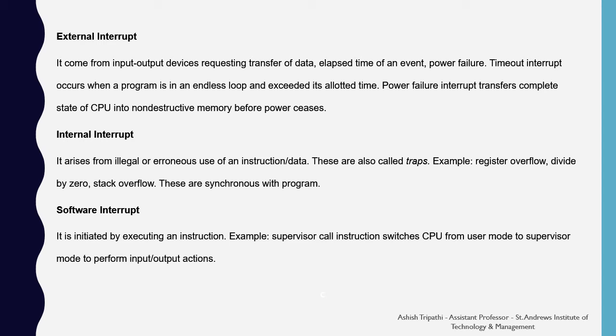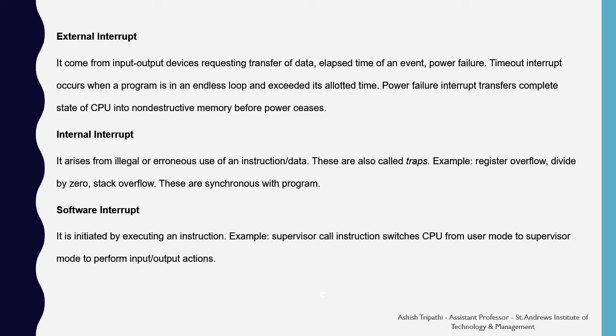Software interrupt. It is initiated by executing an instruction. Example, supervisor call instruction switches CPU from user mode to supervisor or system mode to perform the IO actions. Now, what is a software interrupt? Suppose you want that there should be a transfer of information from your computer device to the USB, that is the pen drive.